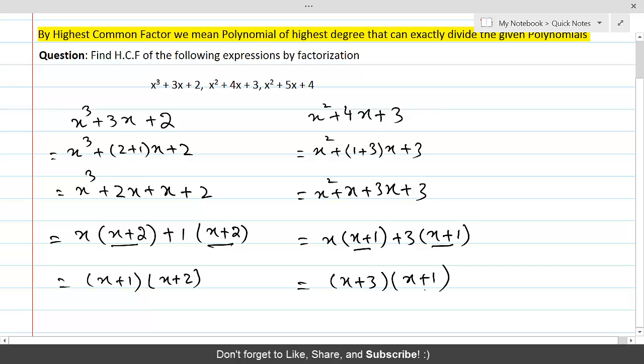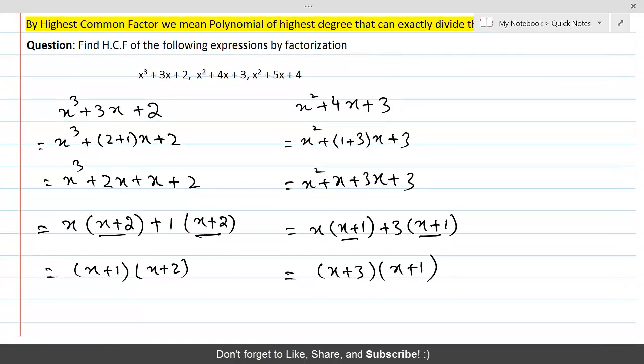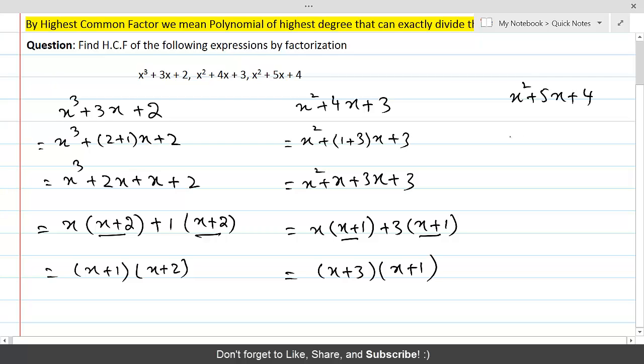We have factorized the second polynomial, and now there is one more polynomial which we need to factorize. Here is the third polynomial, x squared plus 5x plus 4, and we use again the same AC method to factorize this: x squared plus (4 plus 1) x plus 4, and here we have x squared plus 4x plus 1x plus 4.